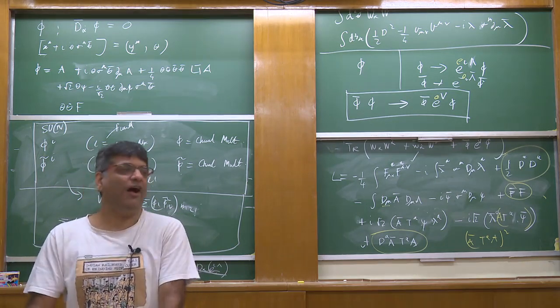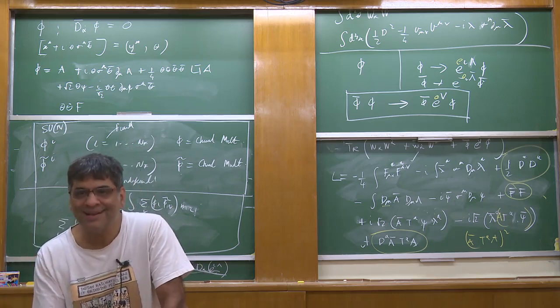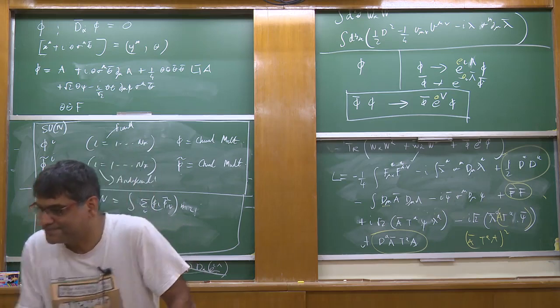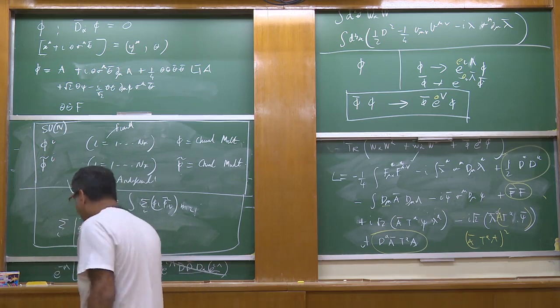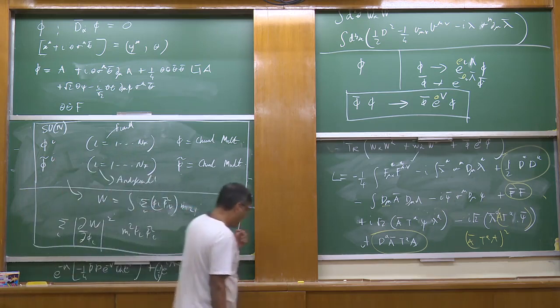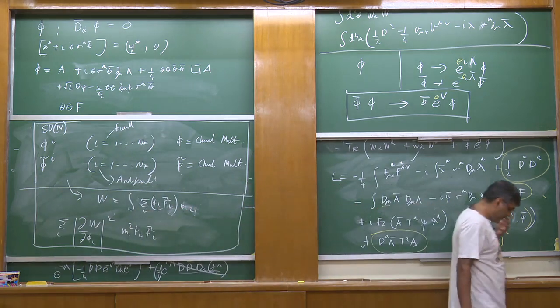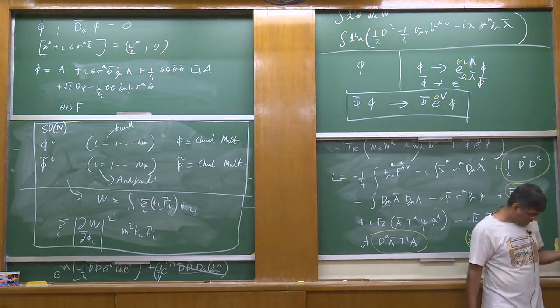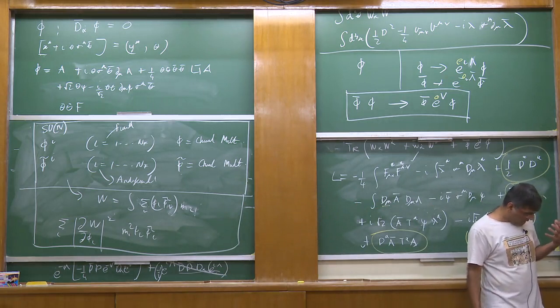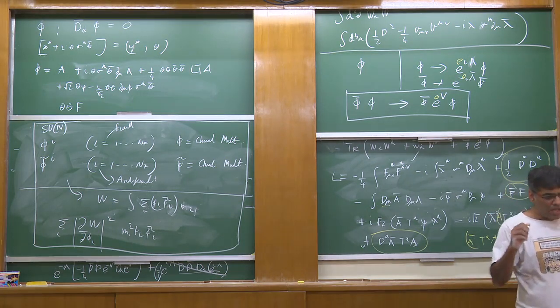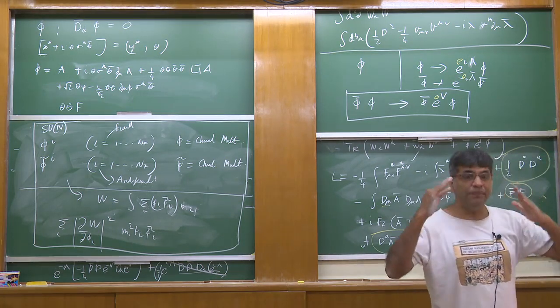Are we looking for some detailed information, or are we looking for some qualitative information? Now, you see, suppose you've got some gauge theory.